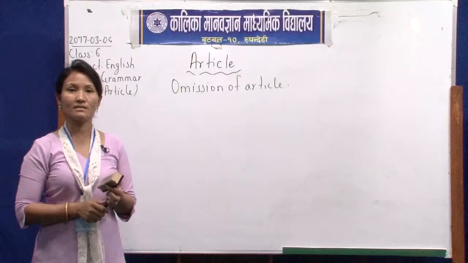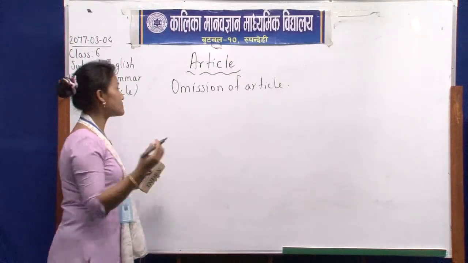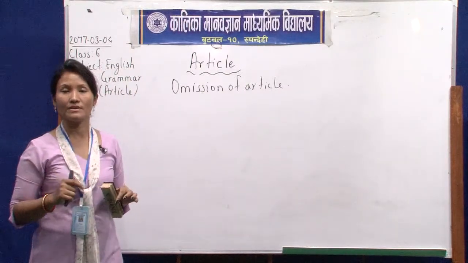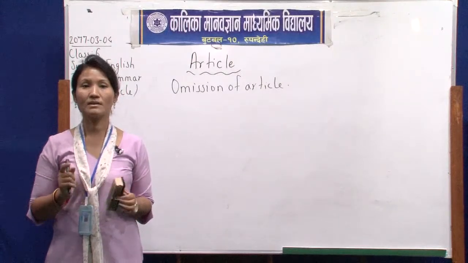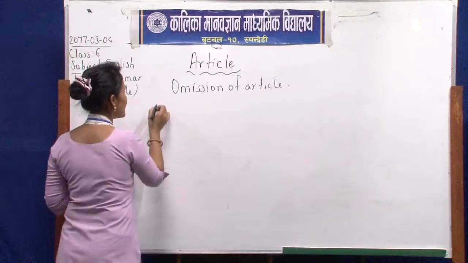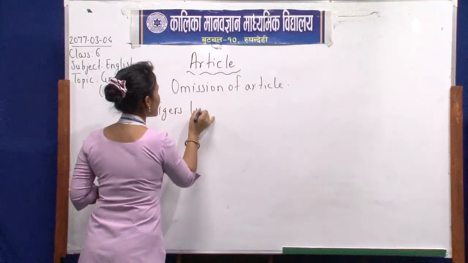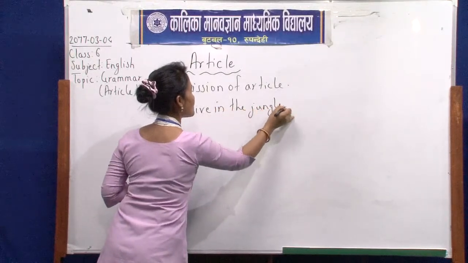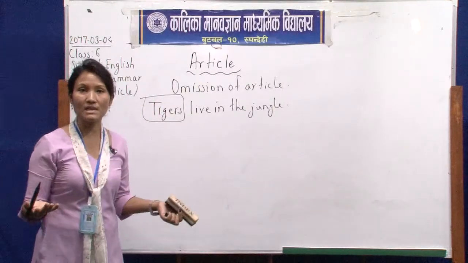The first thing is omission of article: we are not going to use it in front of countable plural nouns in general. Like for example, tigers live in the jungle. Tigers in general, all the tigers live in the jungle.